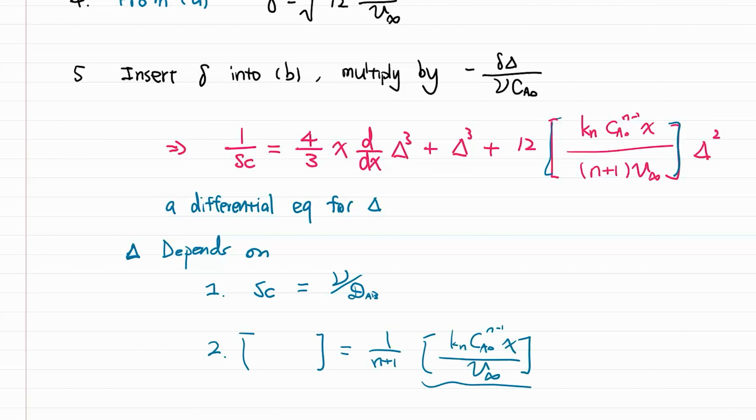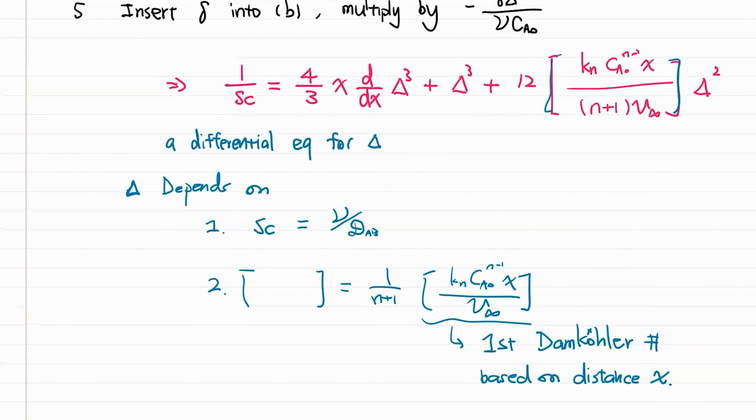This is called the first Damköhler number based on distance x.